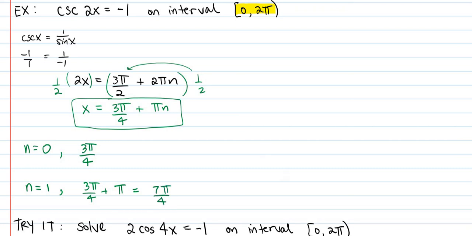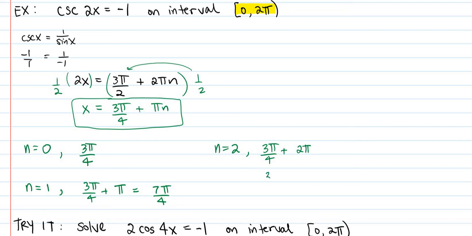All right, we'll keep going because we're still within that interval. So let's say n equals 2. If we plug in n equals 2, well, now we have 3 pi over 4 plus 2 pi.